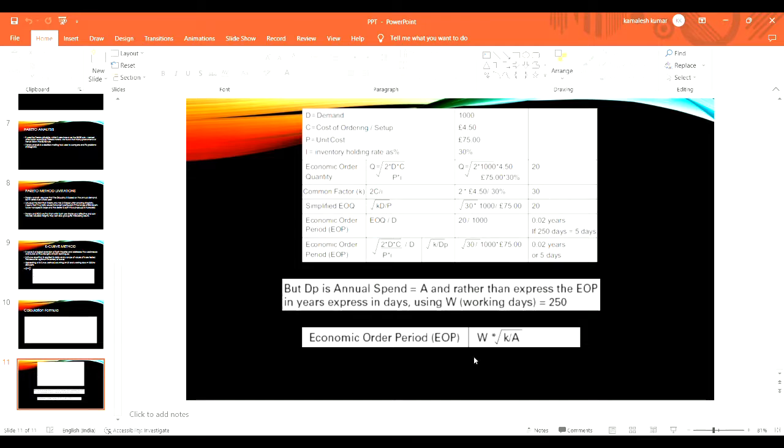Economic order period can also be defined as W into root over K by A, where W is the number of working days. So 250 into root over K, K is 30, by annual demand. We will discuss this further. By putting all these values, we will get the value of EOP.